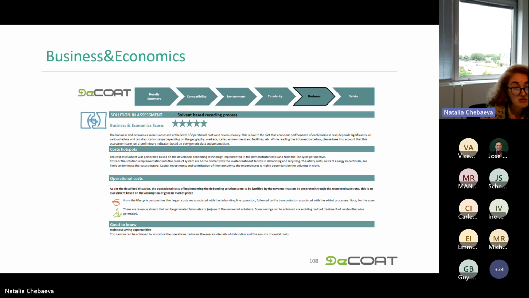Also, based on the life cycle costing, it would indicate the hotspots in the cost structure and provide some information on what else is good to know regarding, for example, capital goods or upscaling.